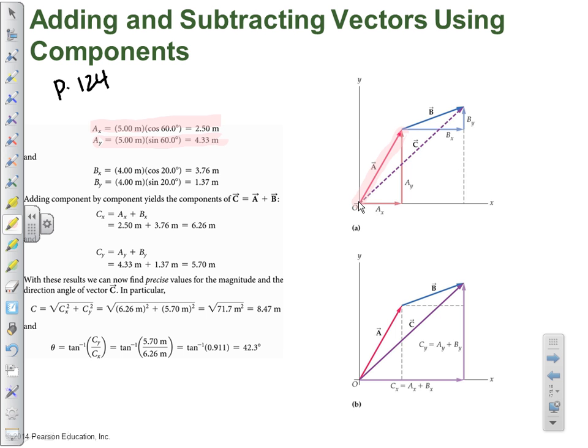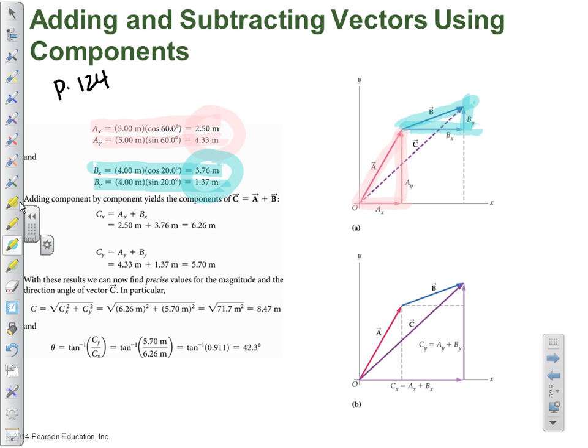So there's A, and it's got a component here, and a component here. And now we know how big those components are. And then they did the same thing to B. Here's B, and here's this component, and here's this component. And now we know how big those two components are.